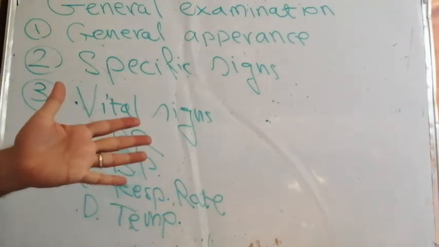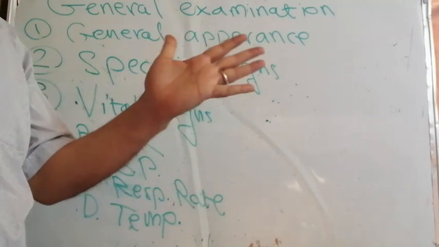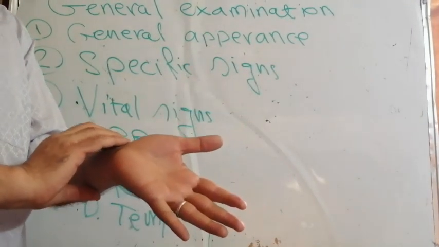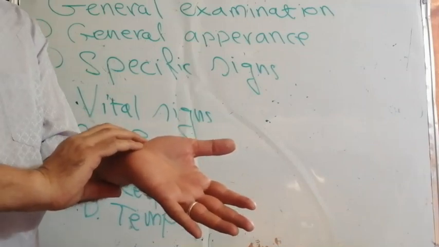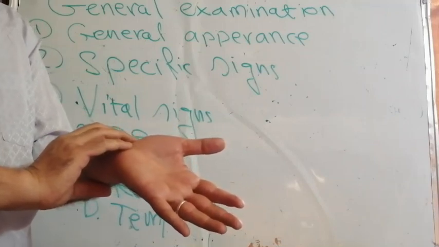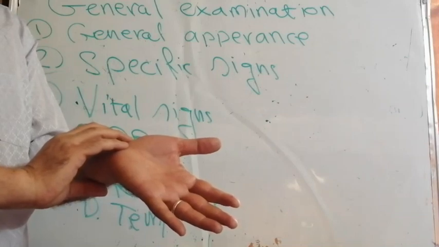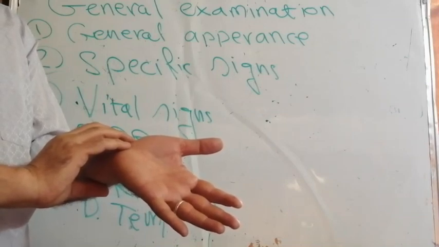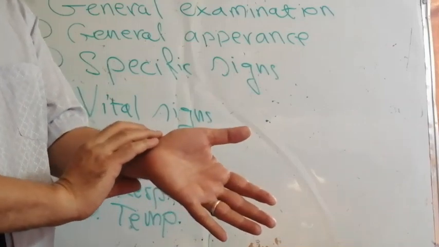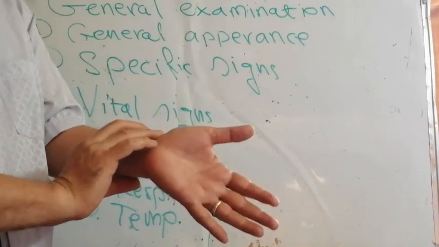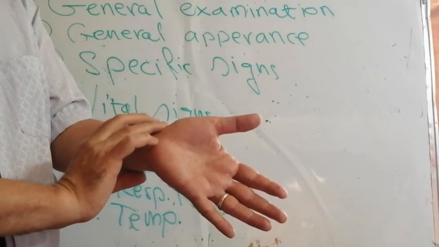Of course, for the pulse rate, you should use 3 fingers on the radial pulse to check the rate, regularity, and volume of the pulse, and the state of the arteries. One finger is pressing and 2 are for watching.